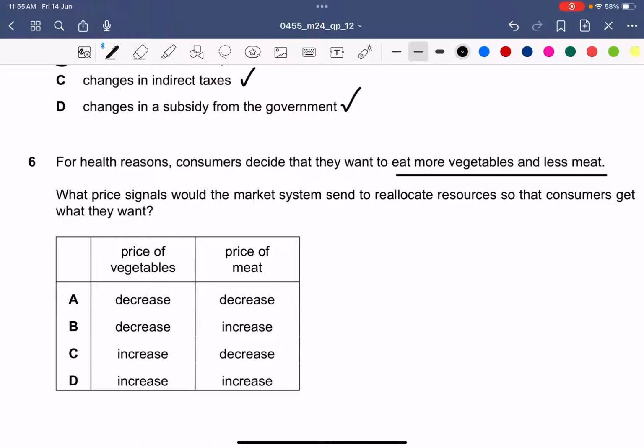both for vegetables. Okay, you can draw the curve so that you can see clearly. This one is the supply curve. We say this one is the current, this one is quantity, supply, price.